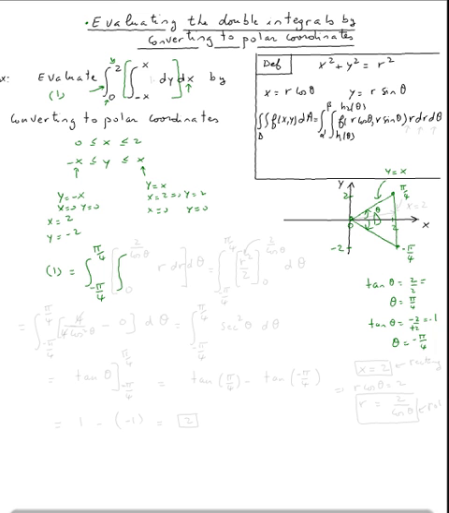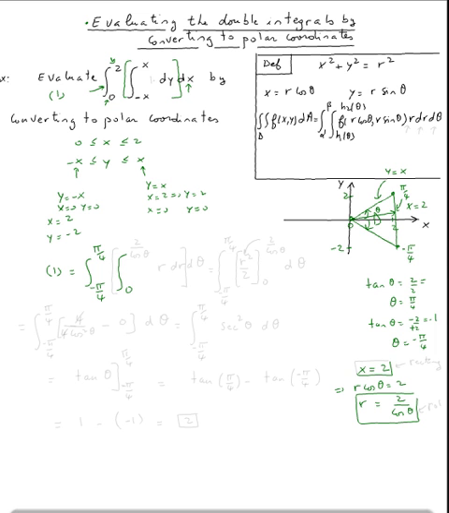Now the radius is tricky. The radius should go from 0 to here, but this is in rectangular coordinates. The equation is x equal to 2, which means r cosine theta is equal to 2, so r will be equal to 2 over cosine theta in polar.